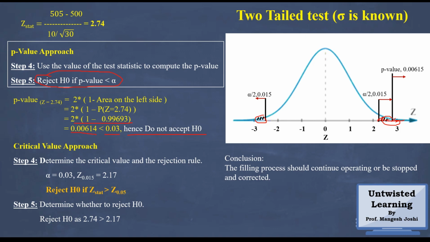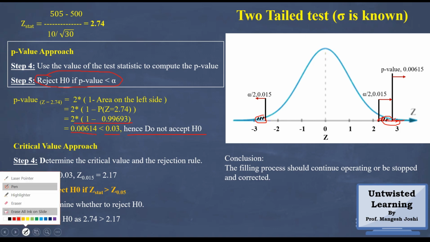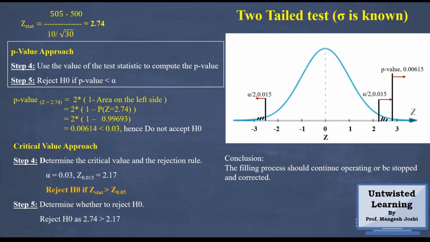If we use the second approach, that is the critical value approach, your step is to determine the critical value and rejection rule. Since alpha is 0.03 and it is a two-tailed test, we have to take z of alpha by 2, which is equal to 2.17. So your rule is reject H0 if the z stat is greater than z at alpha.